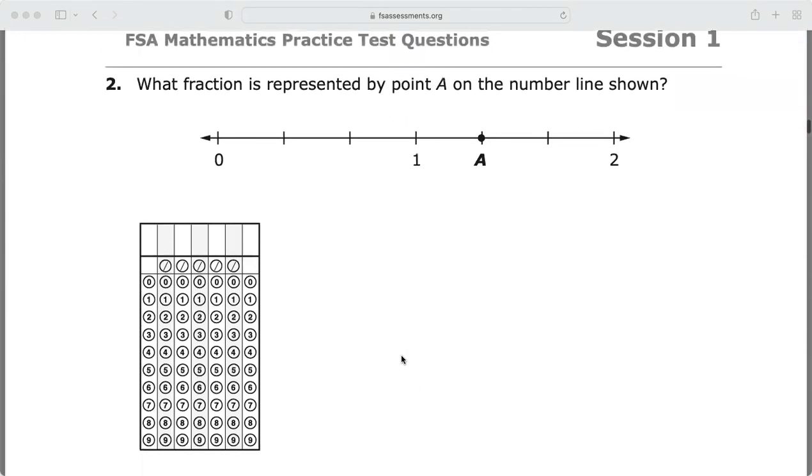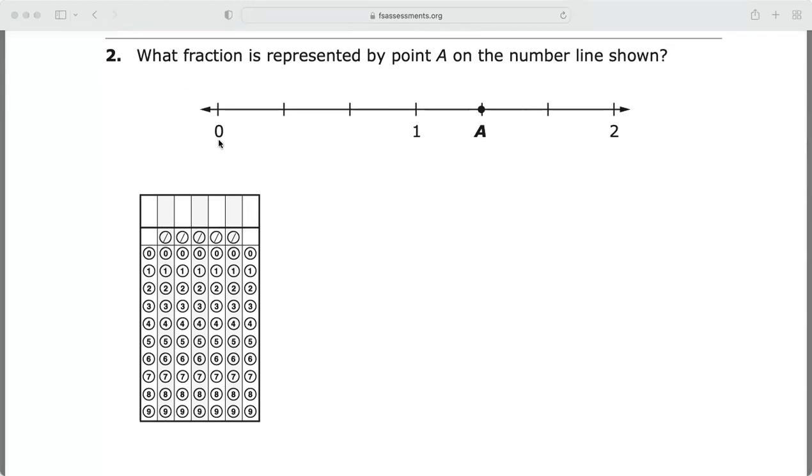Okay, so what fraction is represented by point A on the number line shown? We have 0, 1, and 2, and these are split into, like here's 1, 2, 3, so they're split into 3 sections.